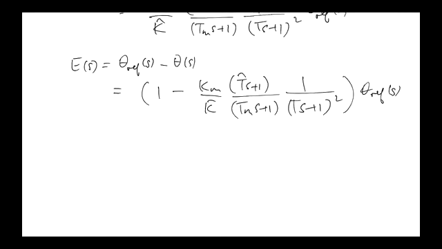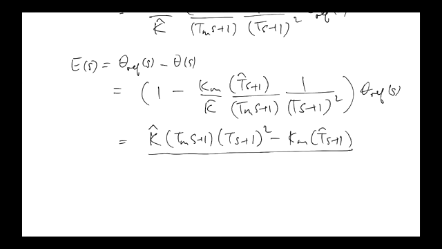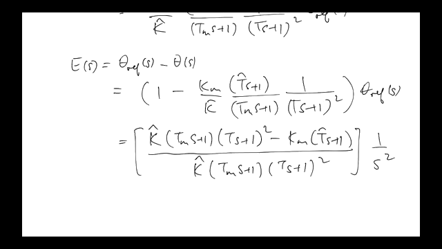So that's going to be K hat Tm s plus 1 Ts plus 1 squared minus Km T hat s plus 1 divided by all of that times theta ref, which is 1 on s squared.